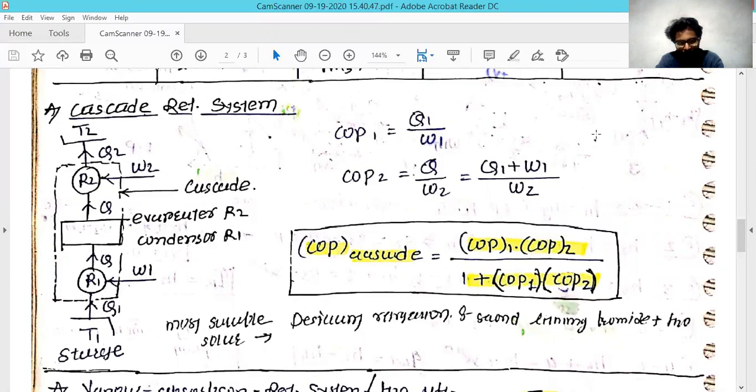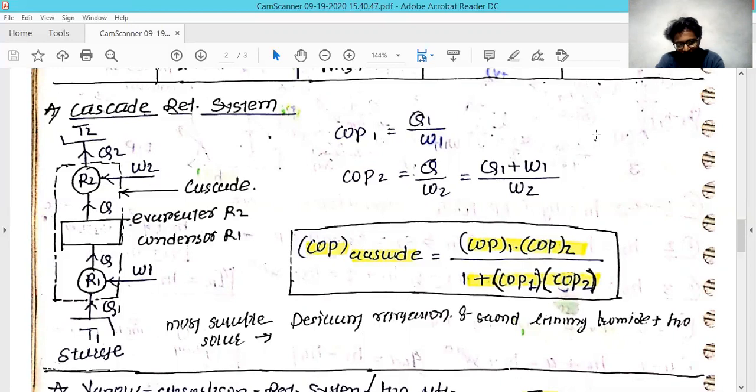And after that, in the combination of these two, the heat transferred from that closed space is Q. This closed space, which is the exit of this heat, turns out to be the inlet of the second refrigerator, and in that condition the Q amount of heat is extracted from that closed space and sent to the second refrigerator, and W2 work is added into it, and Q2 amount of heat is transferred to the atmosphere, where the atmosphere temperature is T2.